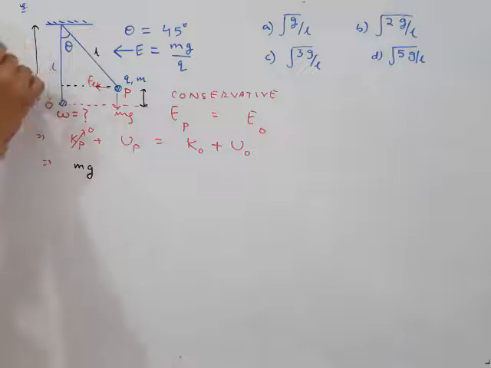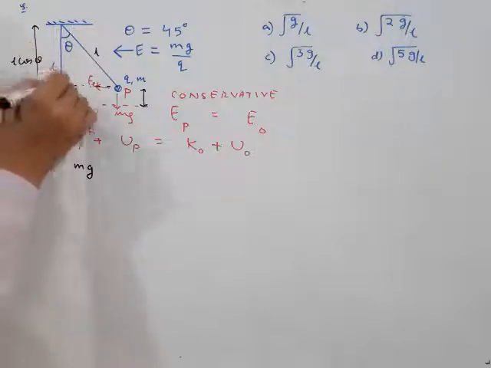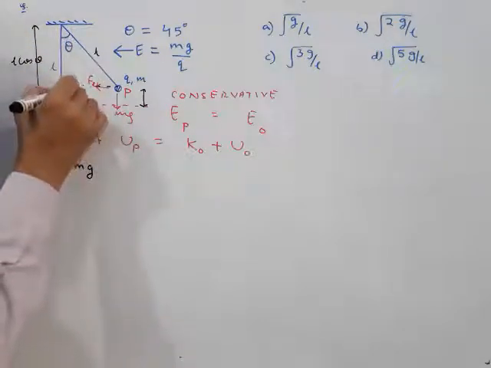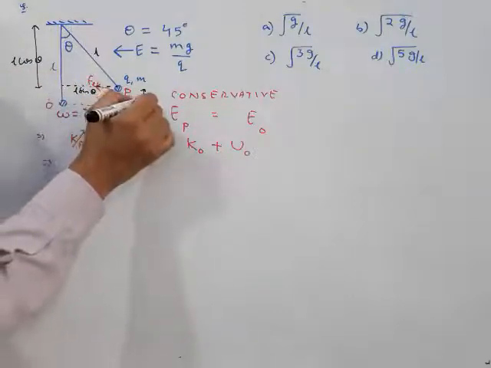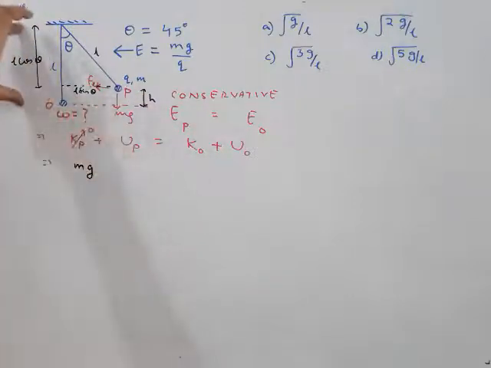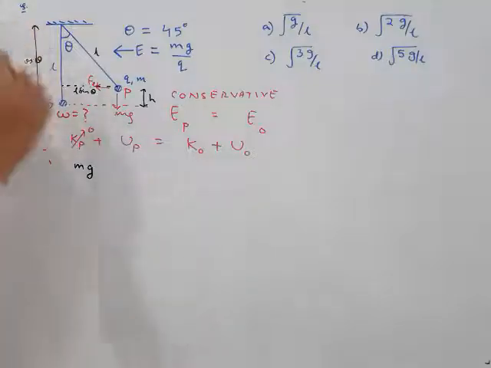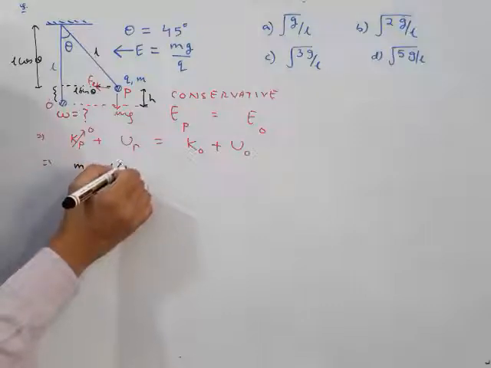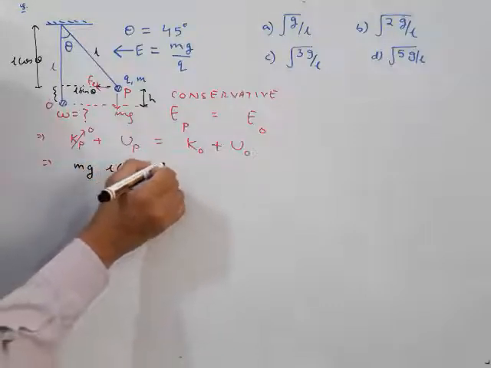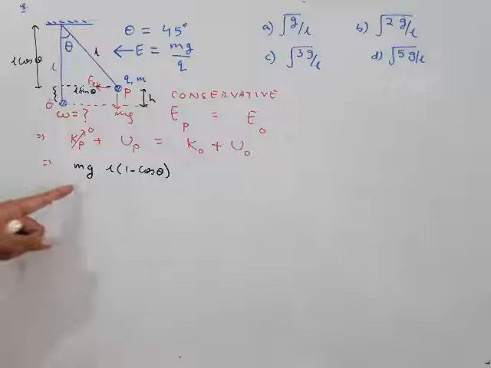This is L cos theta, and this one is L sin theta. I want this h. So h is nothing but this total length minus this length. This total length is L and this one is L cos theta. Subtracting them will get this distance. So L minus L cos theta, L I can take common. So this is gravitational potential energy at this particular point.